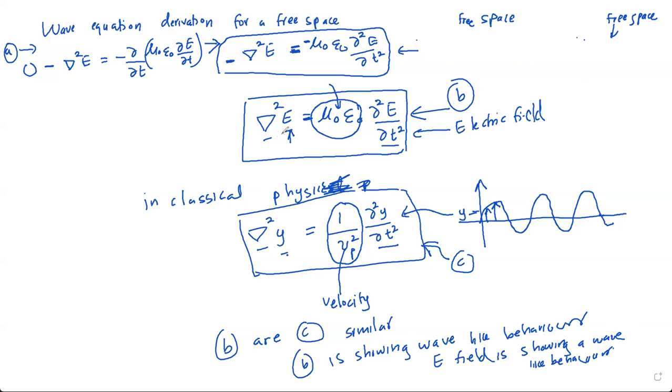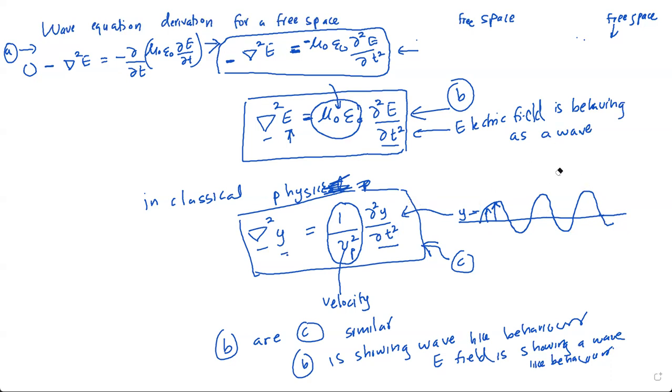And the magnetic field is also similar, and we can show the same equation for the magnetic field, and show the conclusion that the magnetic field also is behaving as a wave. So this fact we can denote: the electric field is behaving as a wave, and the magnetic field also we can show is behaving as a wave.